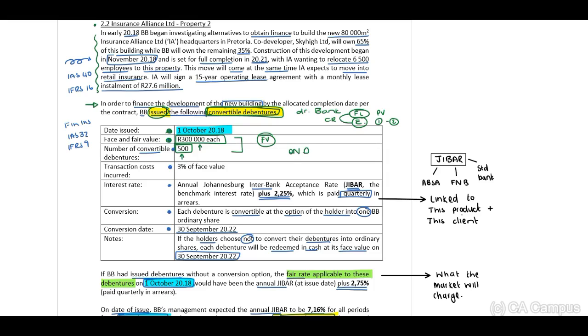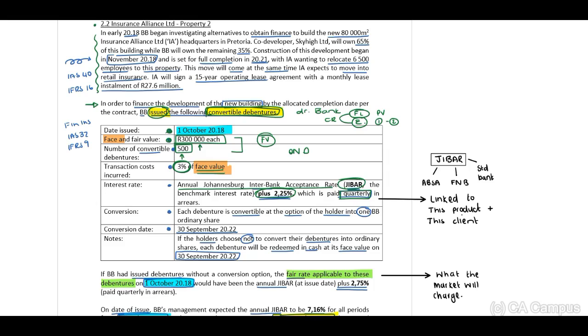Okay? Therefore, that's our future value. We have a 3% transaction cost of the face value. You need to read the face value, 3%. Then, interest rate, annual Johannesburg Interbank Acceptance Rate, which is our JIBAR, plus 2.25%, which is paid quarterly.